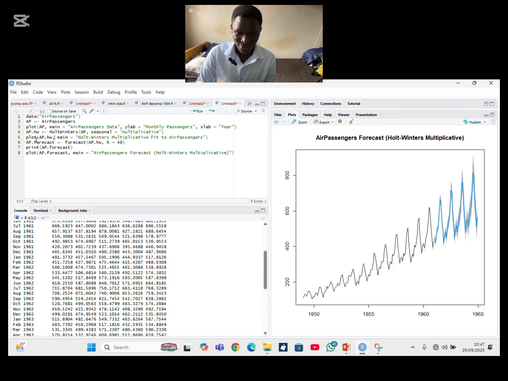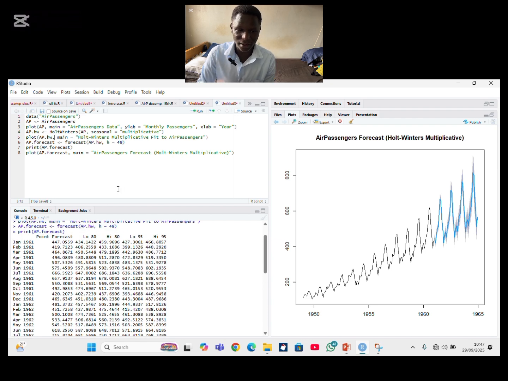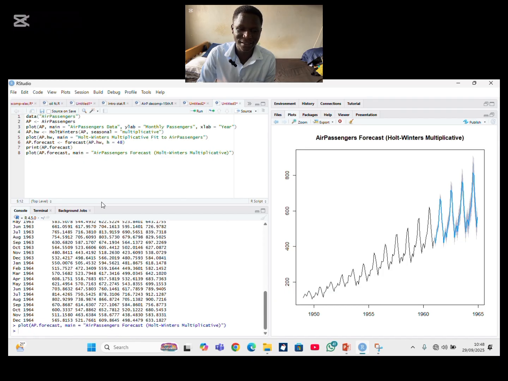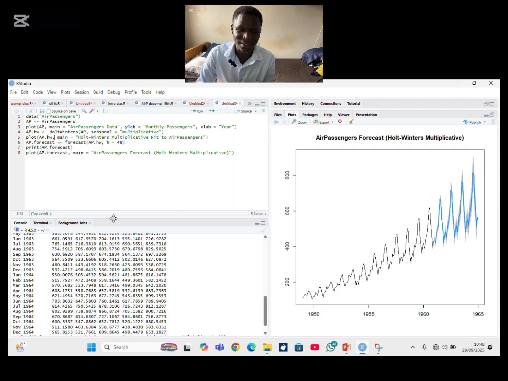We put it in an object called ap.forecast, and if we print that object, we get our figures here. Actually that's it for now, but you should get time and try the codes.